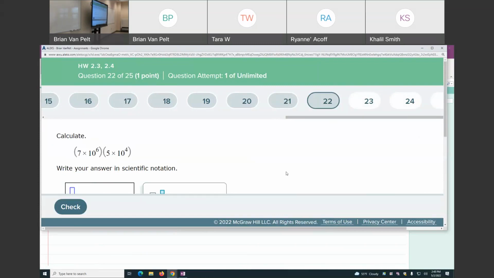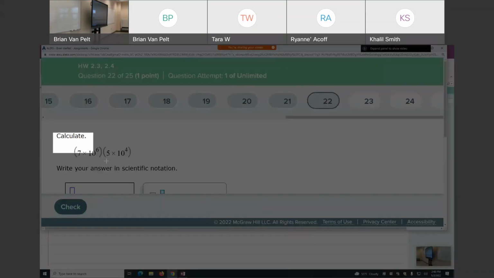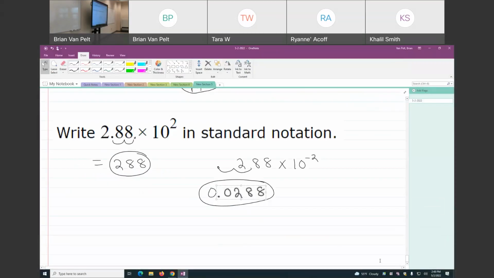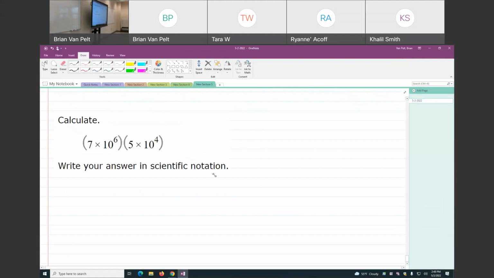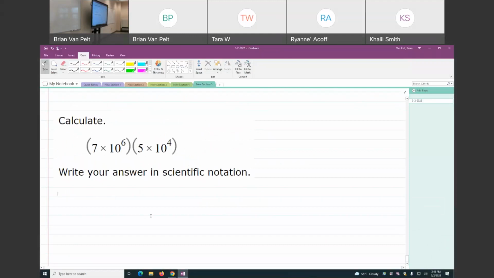Here's a question. Can you do this one? And you want to write your answer in scientific notation. This is a cute little problem. Close.